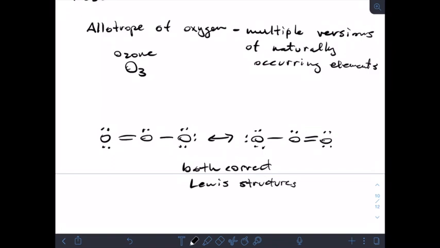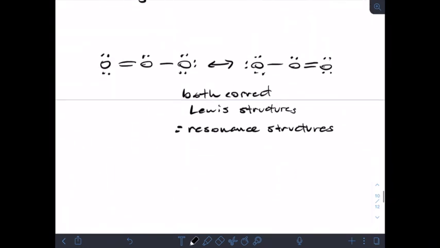Okay, and what that means is that they are resonance structures. Okay, anytime you have multiple correct Lewis structures for a single molecule, that is resonance.